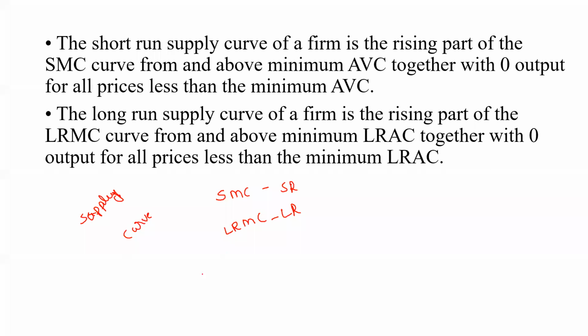So when it comes to the long run, the long run marginal cost curve will be the supply curve. So how will it come? If the OX axis represents the output and the OY axis represents the price, what is the shape of the long run average cost?